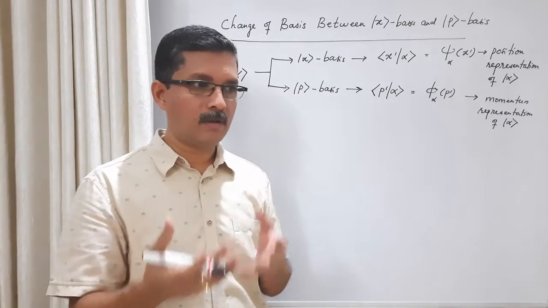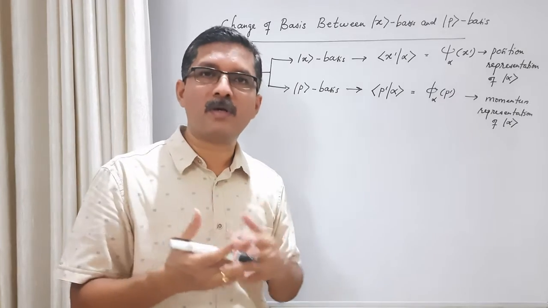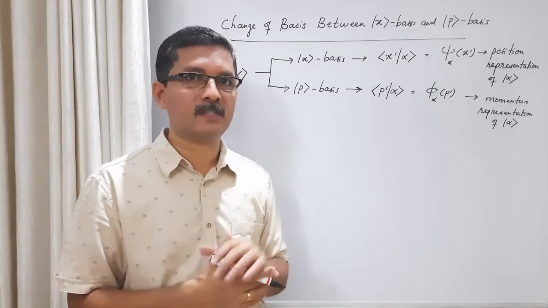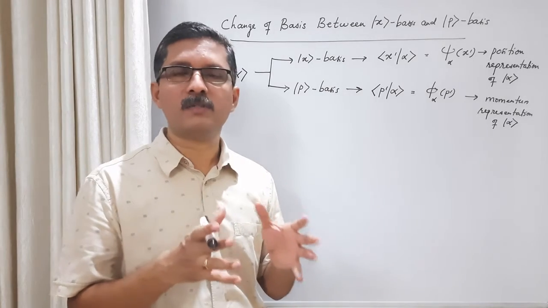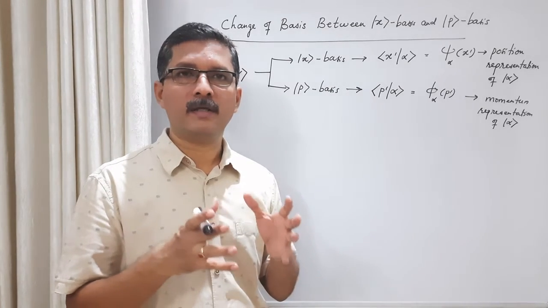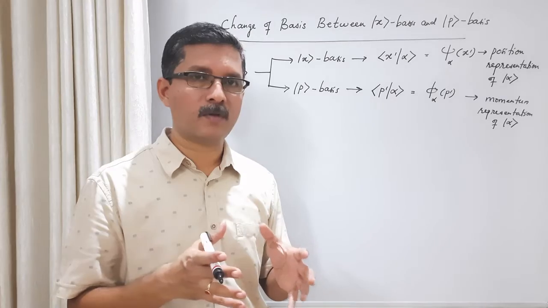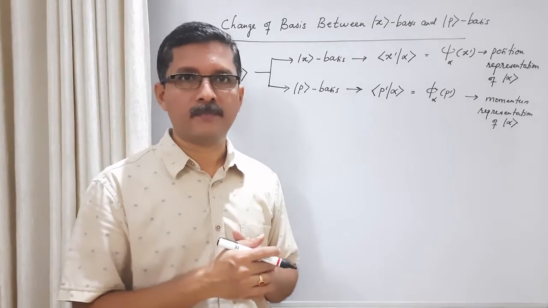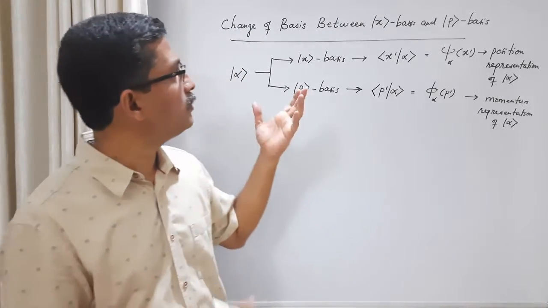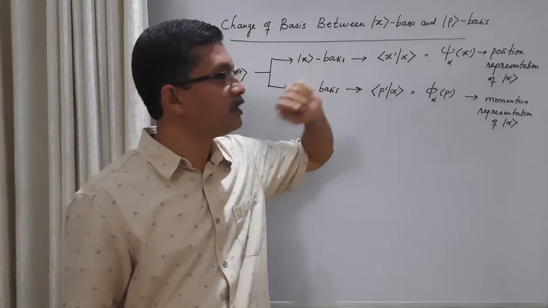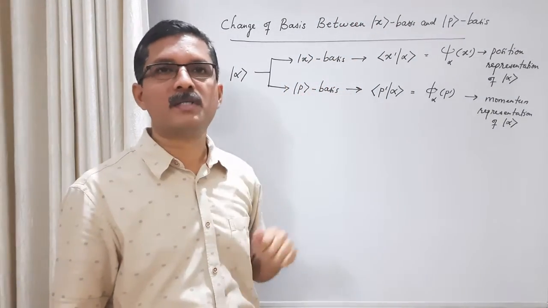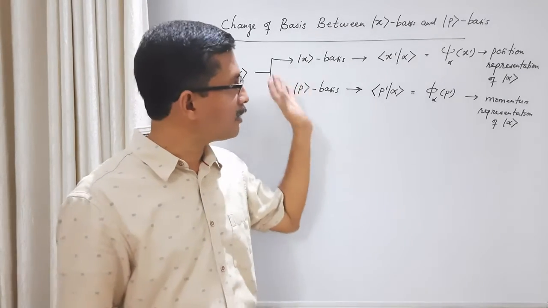When you construct corresponding Hermitian operators for these physical quantities in quantum mechanics, a large class of these Hermitian operators can be constructed from position operator and momentum operator. So that is why position basis and momentum basis are two very important sets of basis kets.